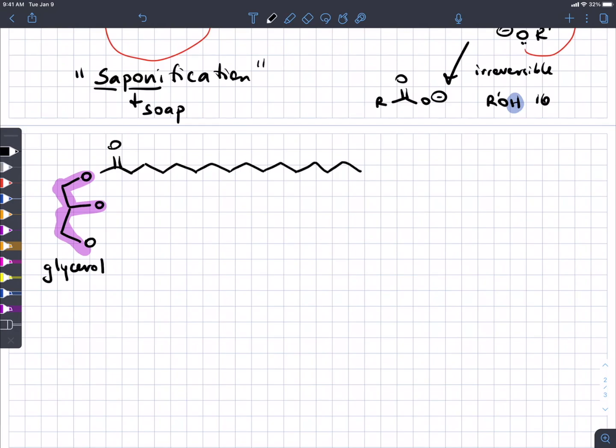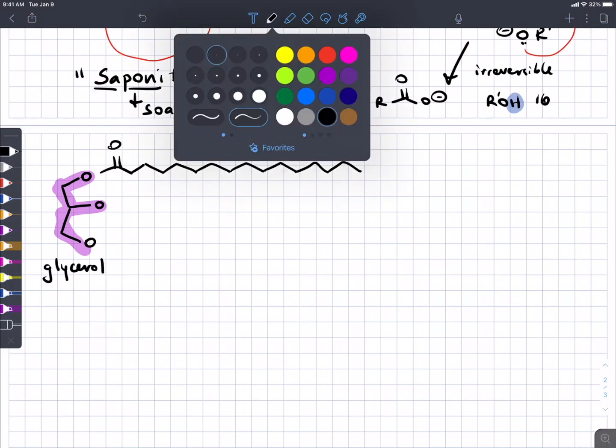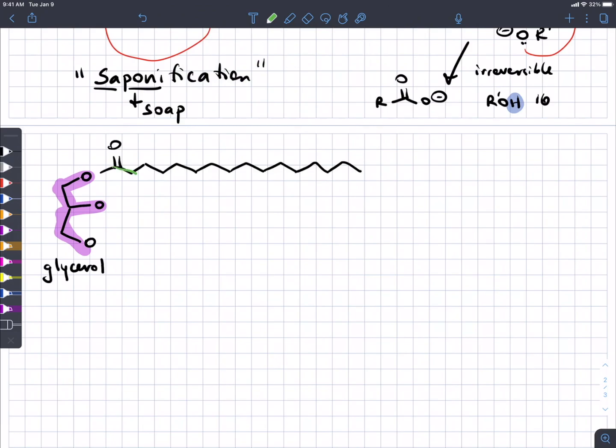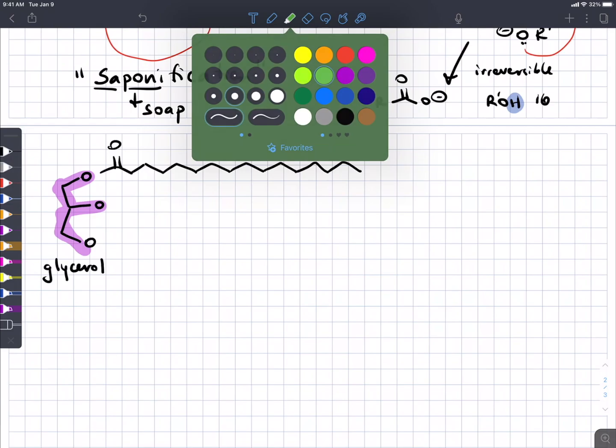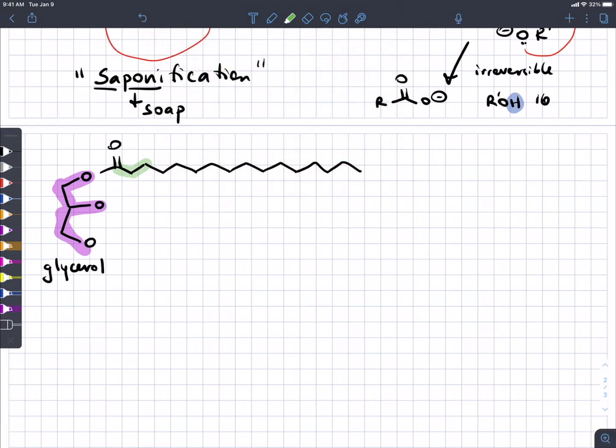And these chains can vary in length. They always have even numbers of carbons for reasons that we will talk about later. But you've got this sort of nonpolar tail, and this is what makes fats and oils nonpolar and not miscible with water. It's why oil and water don't mix, right?